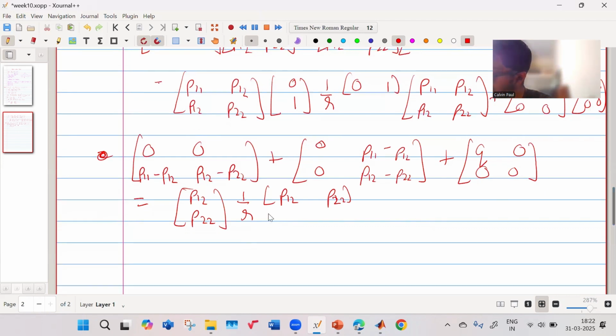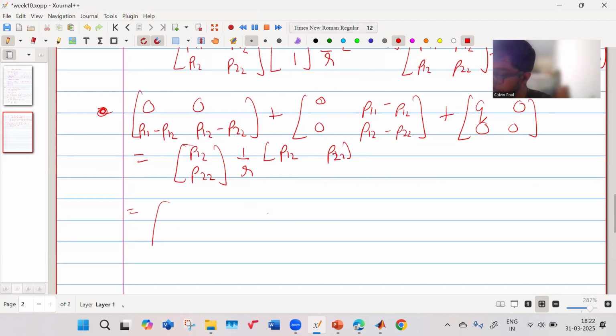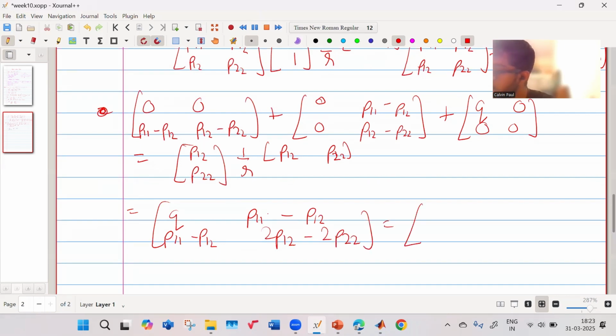When you add it, it becomes Q, P11 minus P12, P11 minus P12, and 2P12 minus 2P22, equal to P12 square, with 1 by R common, P12 into P22, P12 into P22, and P22 square.